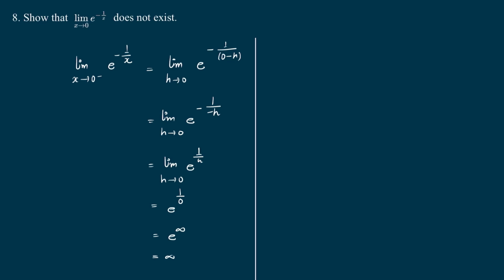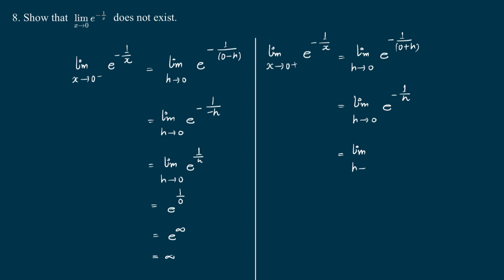Now let us find the right hand limit. Limit x tends to 0 plus e to the power minus 1 over x. This will be limit h tends to 0 e to the power minus 1 over 0 plus h. That will be equal to limit h tends to 0 e to the power minus 1 over h. Now since the power of e is negative, I can write it as 1 over e to the power 1 over h.